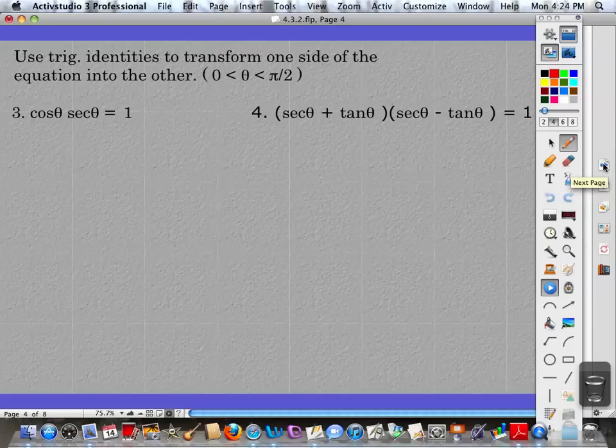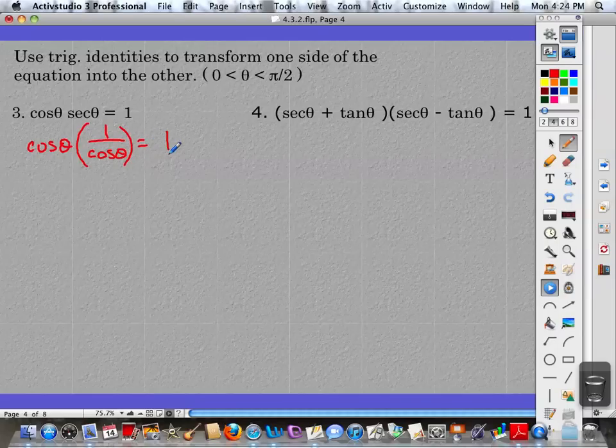So in the case of number 3, the more complicated side is the one with cosine theta times secant theta. And we want to show that that equals 1. And we're going to use those identities in order to do that. So, cosine theta times secant theta. Well, another way to represent the secant of theta is 1 divided by cosine theta.